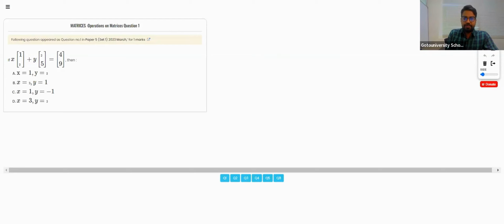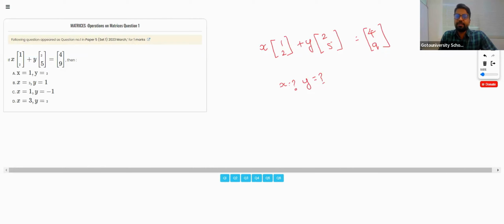The question says x into a matrix, plus y multiplied with another matrix, is equal to 4 and 9. Now we have to find the value of x and y. You will understand this question and know it is very simple after getting to know more concepts.